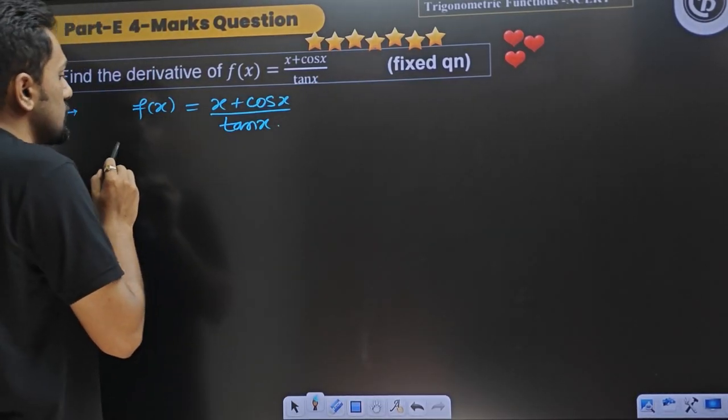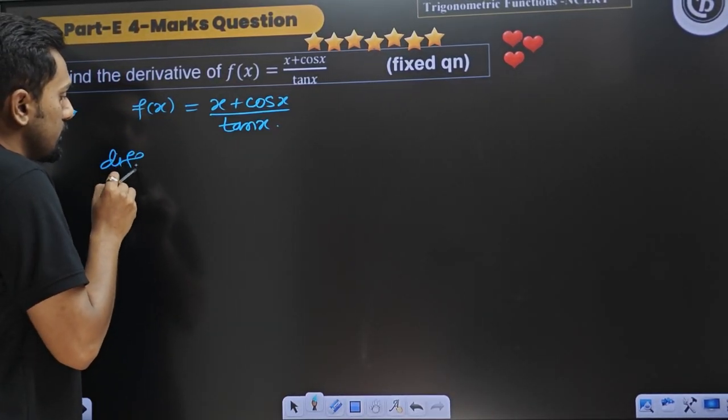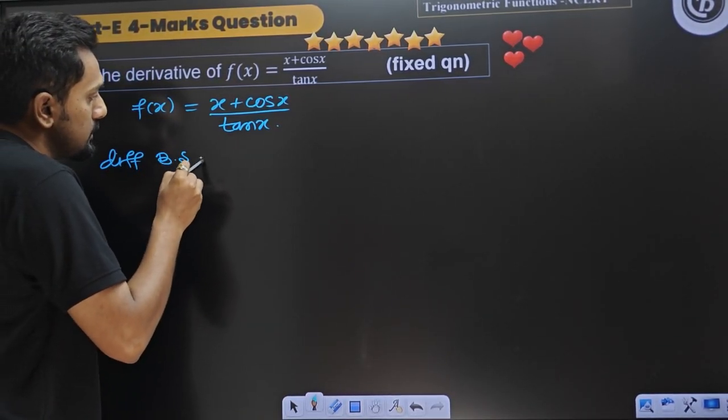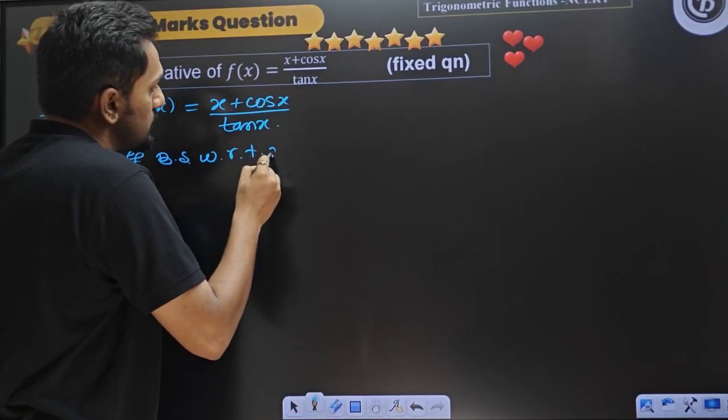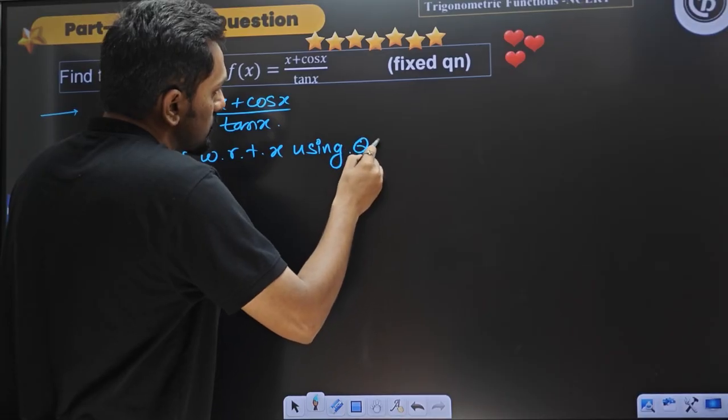In this case also we will use the quotient rule. So differentiating both sides with respect to x using the quotient rule.